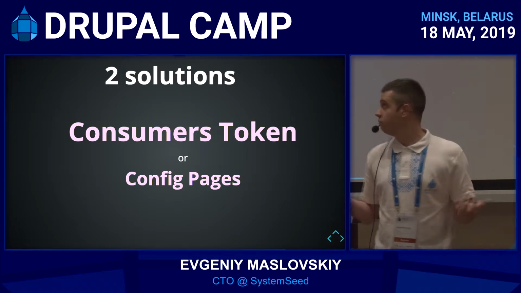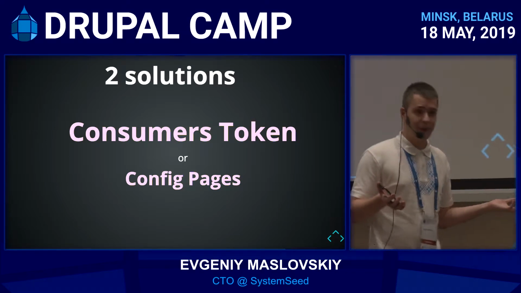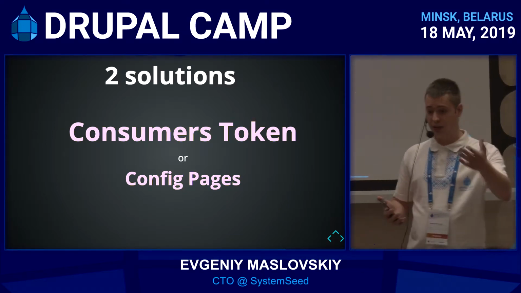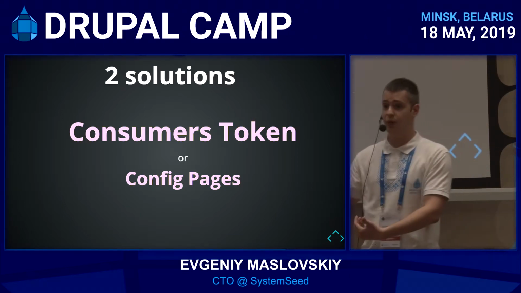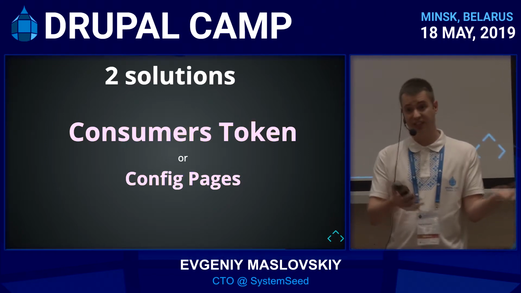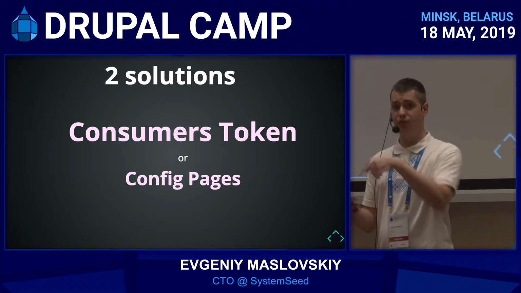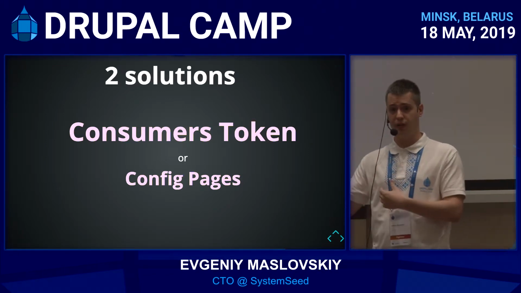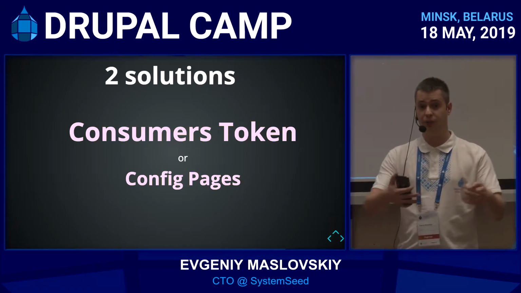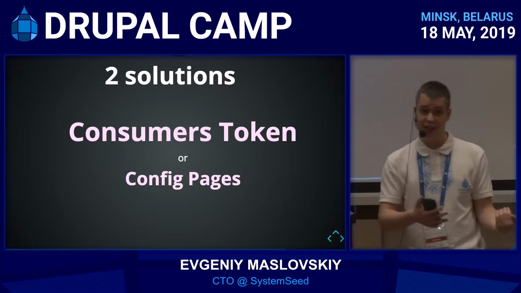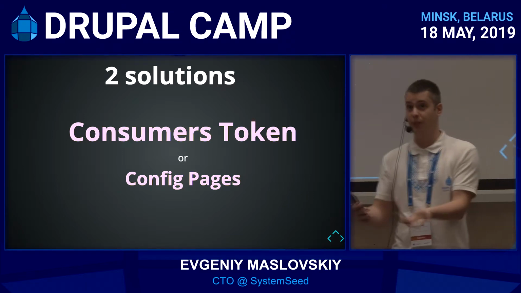It adds a new token, as you can guess, which replaces the name of the current consumer who requests the metatags with the name of the site. So instead of using the site name token, you use the consumer's name token. If site A requests metatags, it replaces it with the site name of site A. If site B does the same, it replaces it with site B.